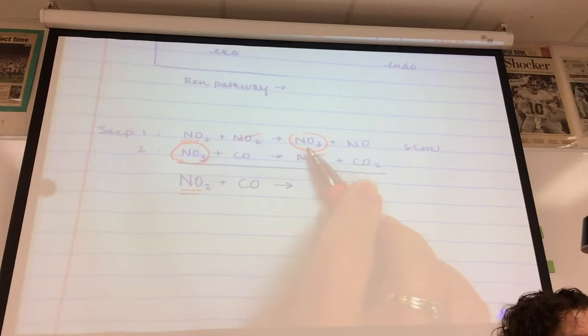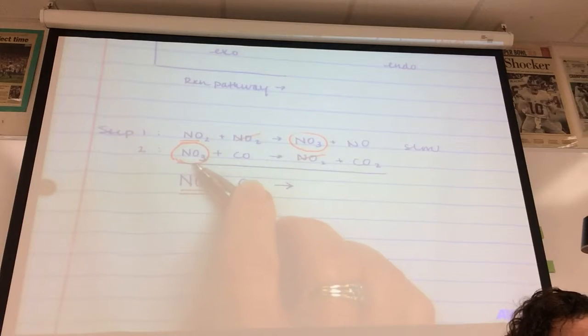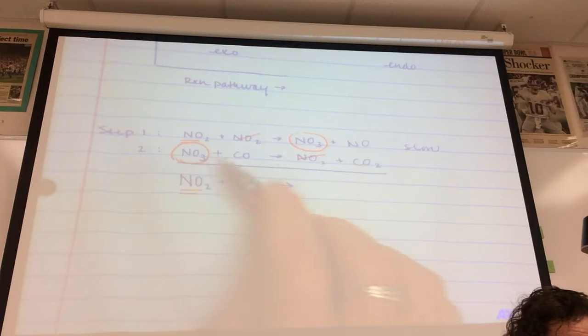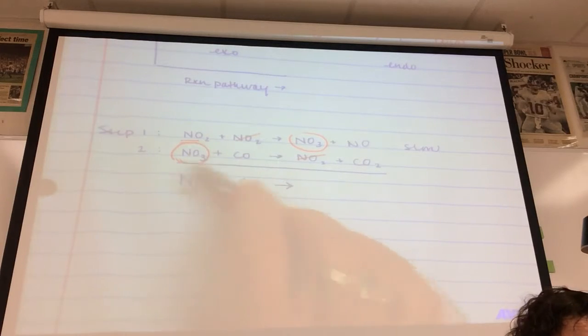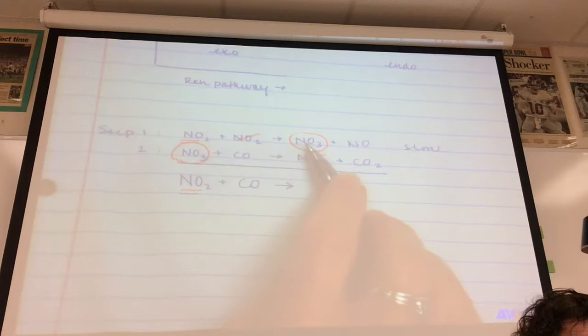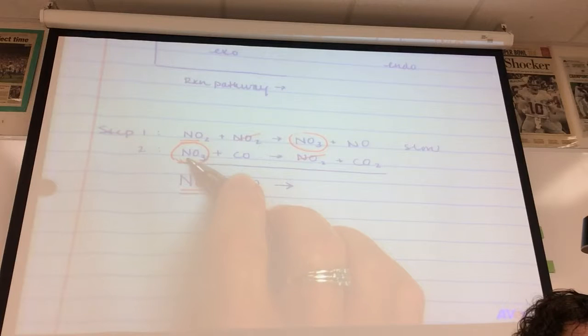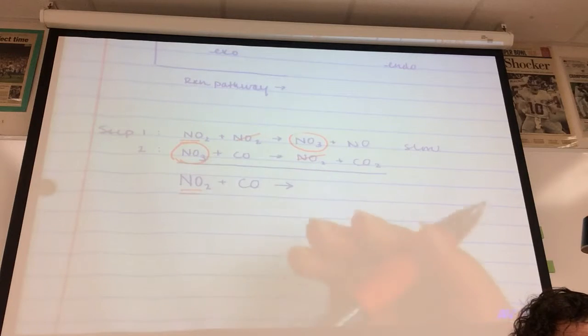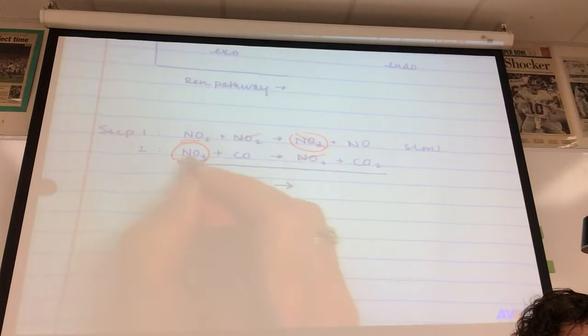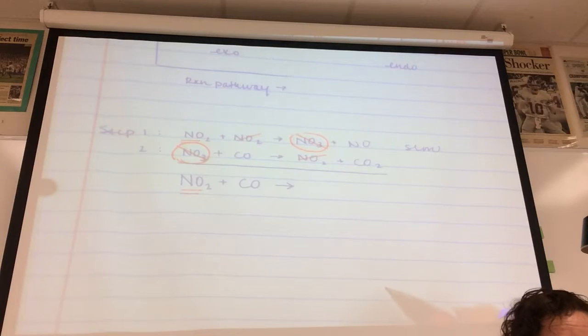A product in one elementary step showing as a reactant in a subsequent elementary step, it can be the next one or an elementary step after. A product in one elementary step, the same reactant in a subsequent elementary step is going to cancel.